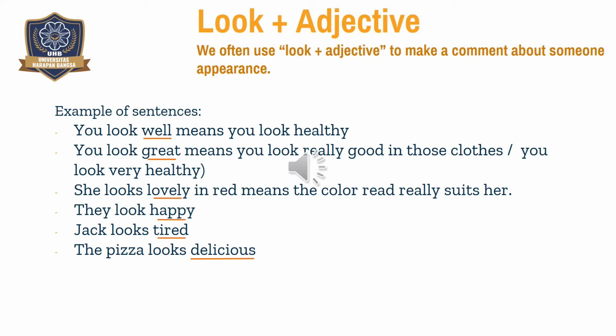The underlined words are examples of adjectives: well, great, lovely, happy, tired, and delicious. There are a lot of examples of adjectives on the internet, so please make sure you already learn other example adjective words.